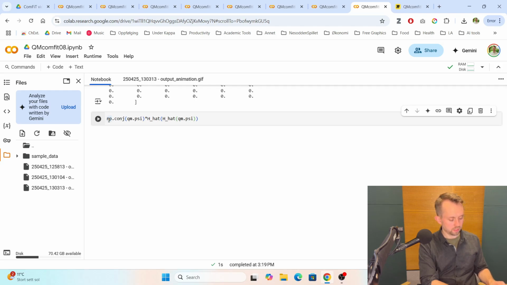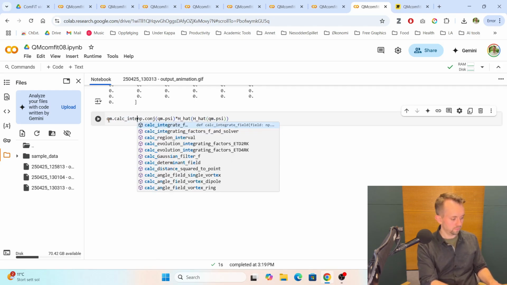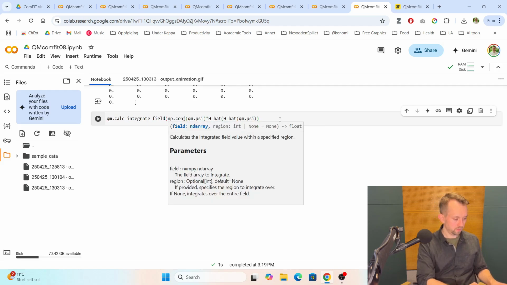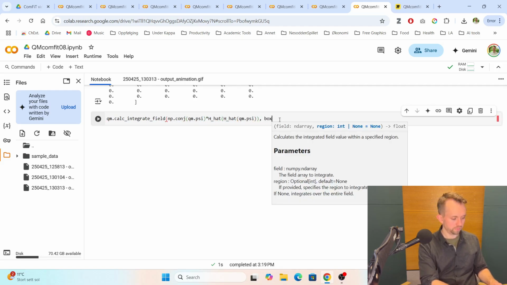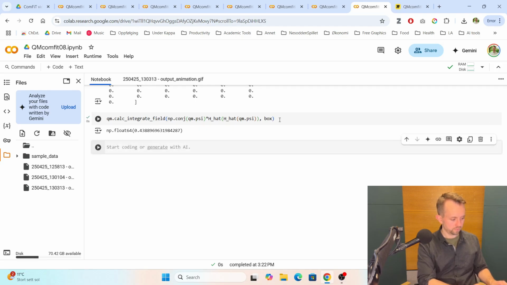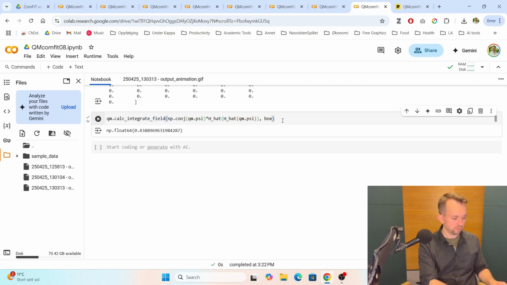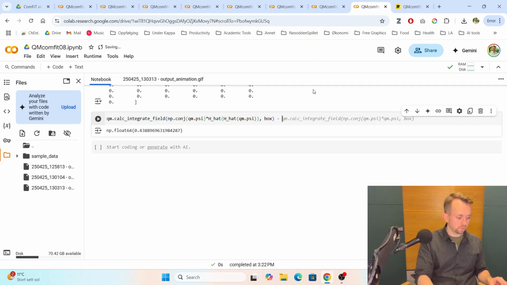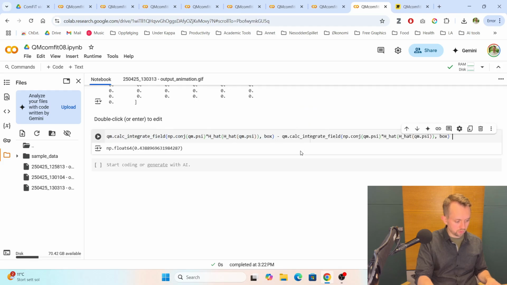And I'm only going to integrate inside the box region. So I'm going to do qm.calc integrate field here, and the region is the box. Just to see that I get a number. Okay, I get a number, great. And then I'm going to subtract the same thing, only now applying h hat once, and I'm going to square this whole thing.